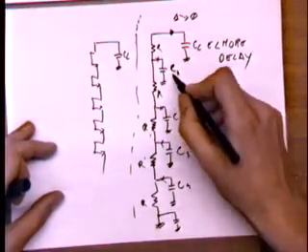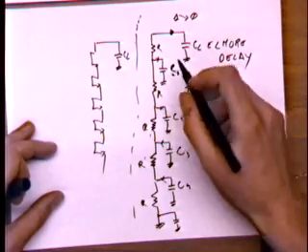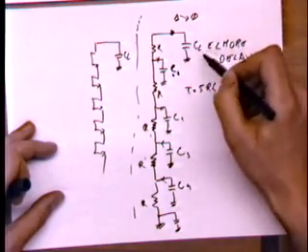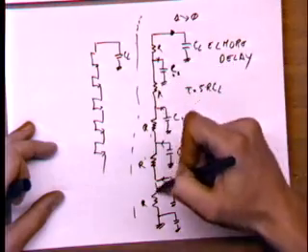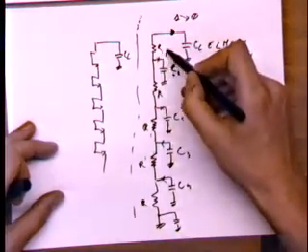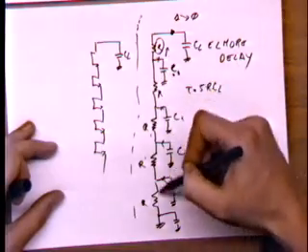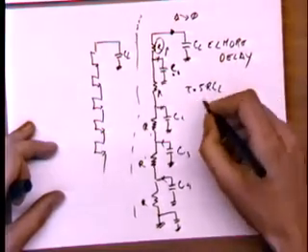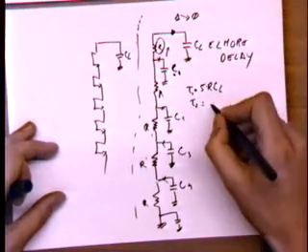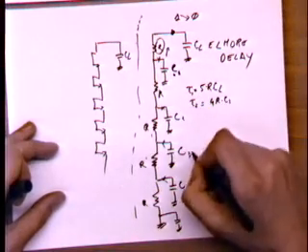Then I look at this first parasitic capacitor, C1. I ignore all other capacitors, and I look at what's the equivalent resistance to ground. So now, looking upwards, this is an open circuit, so this doesn't matter. You can only look downwards, right? And so in this case, you will have tau 2 equal to 4R times C1.